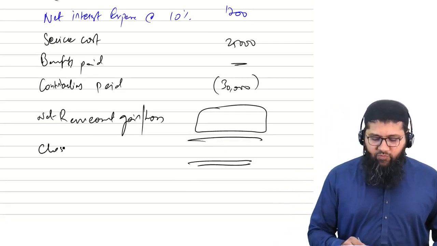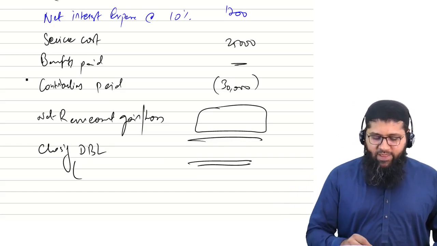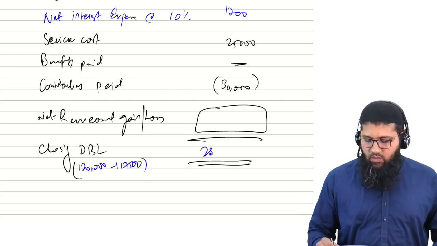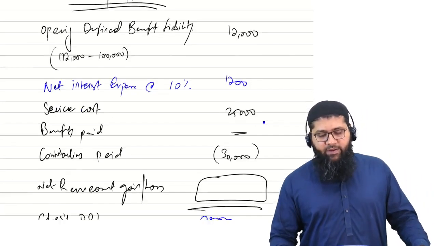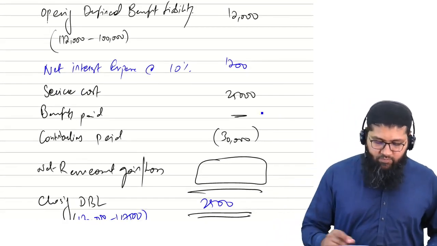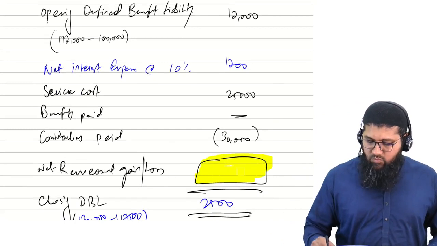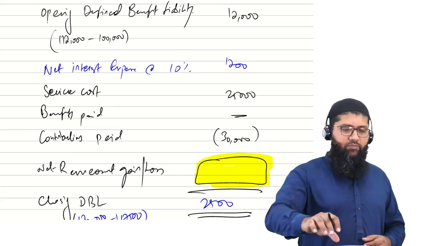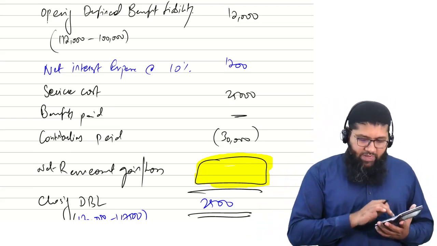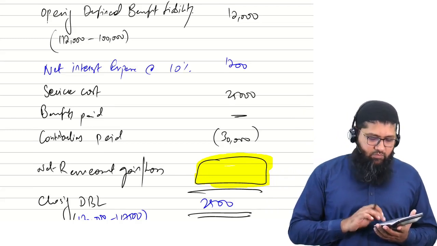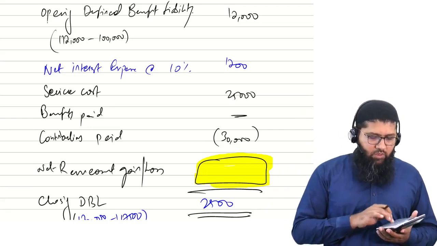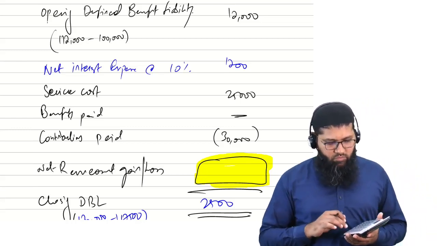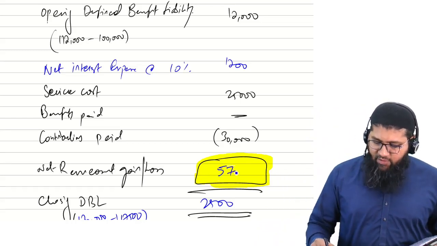And then you have the closing defined benefit liability, which is 2,500. So it's going to be 12,000 plus 1,200 plus 25,000 minus 30,000. So I've got 5,700.